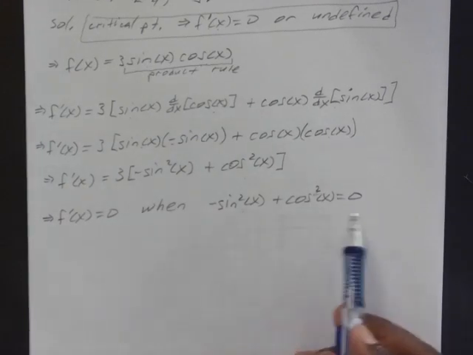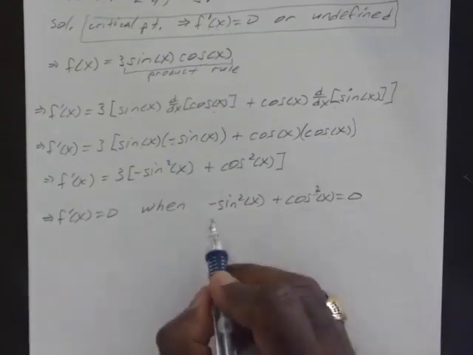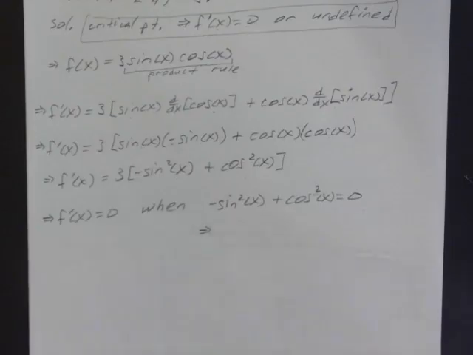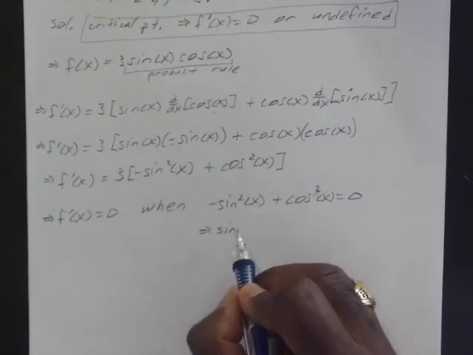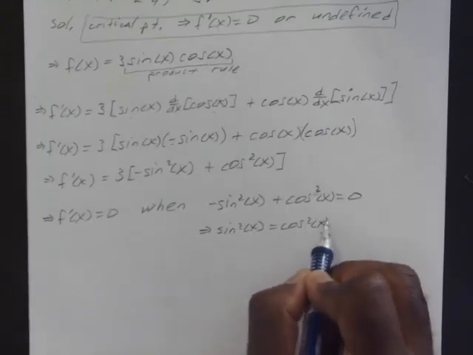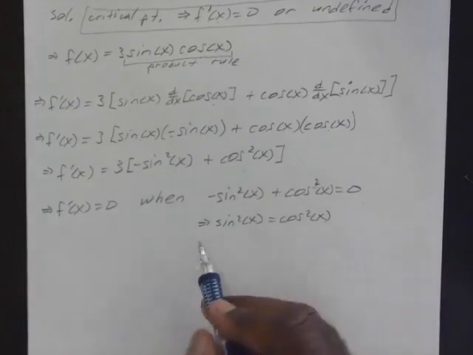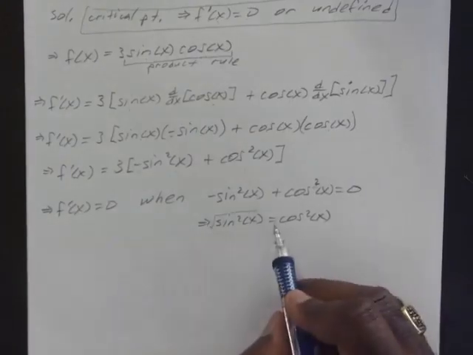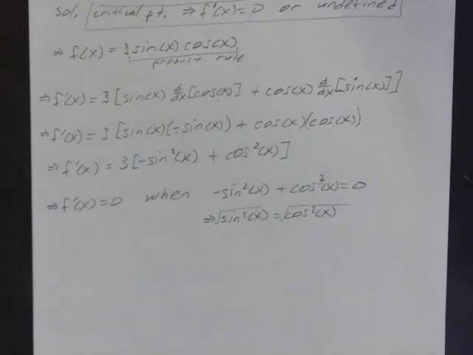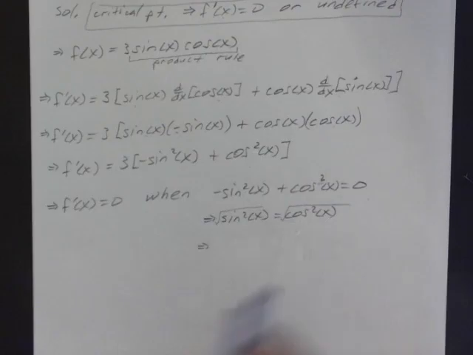So if we add sine squared to both sides, we just get sine squared equals cosine squared, or you can say cosine squared equals sine squared, same thing. If we square root both sides, remember, when using the square root property, you have to have your plus or minus.